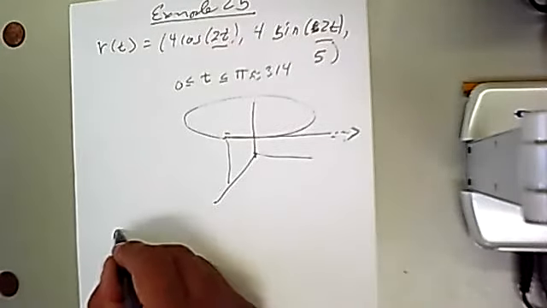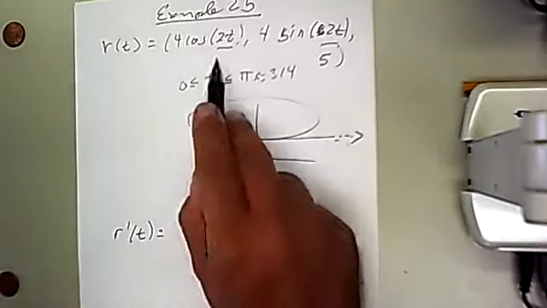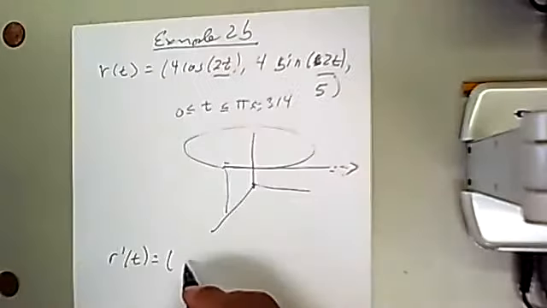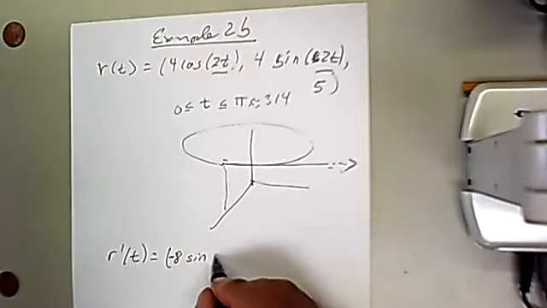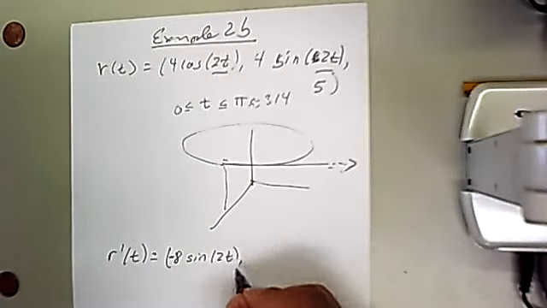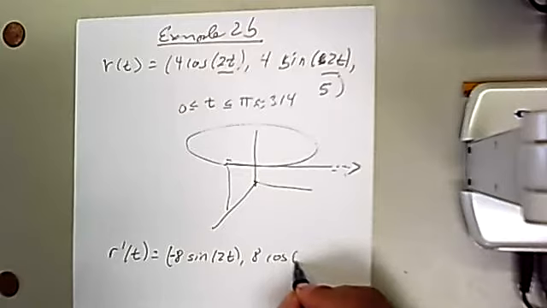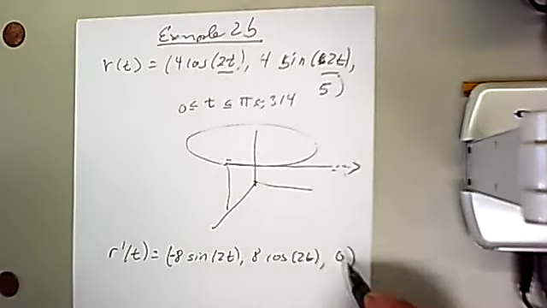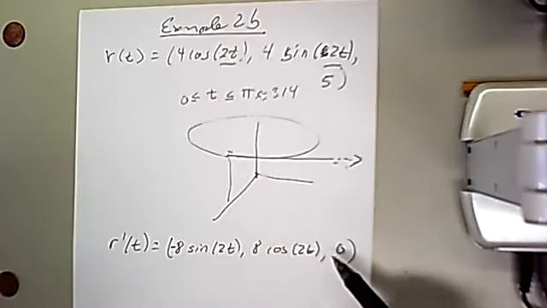Let's do the derivative. So r prime of t in this case will be, because we're using the chain rule, (-8 sine of 2t, 8 cosine of 2t, 0). So that means that the vector that is tangent to the curve, in this case, doesn't go up or down.